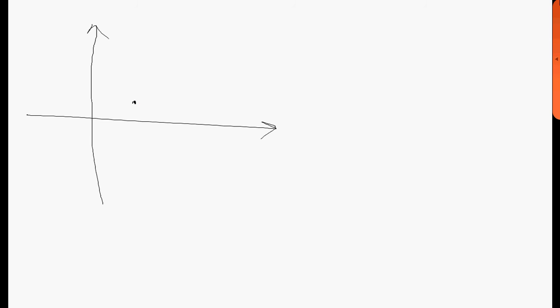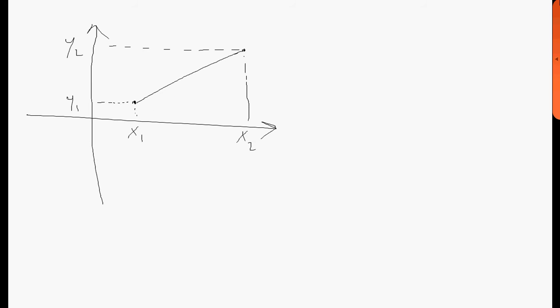Let's say this is the point x1, y1, and this is the point x2, y2, and you're interested in the distance between these 2 points, so the length of this line segment.